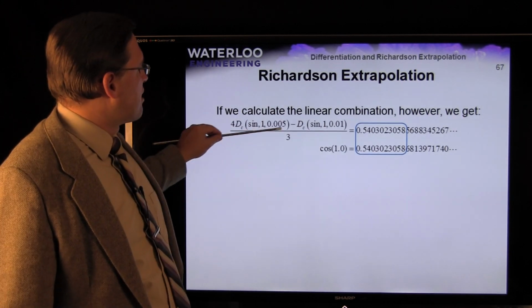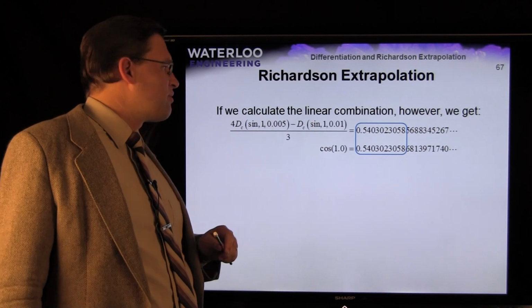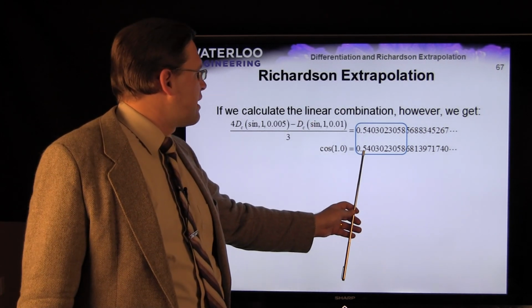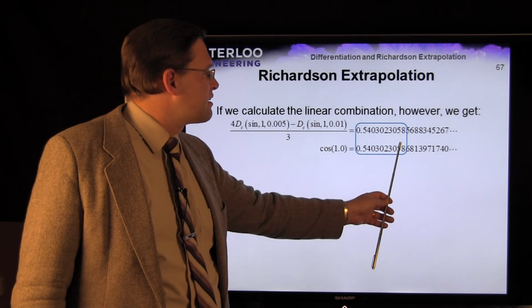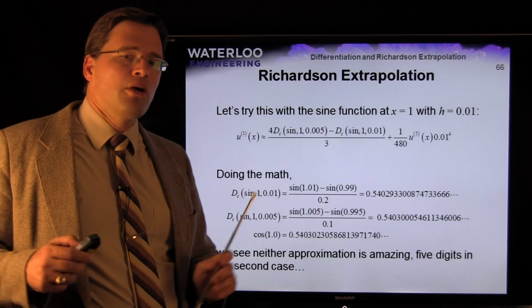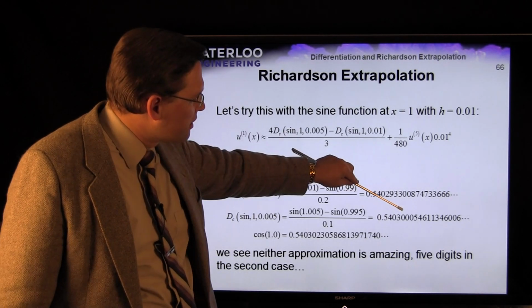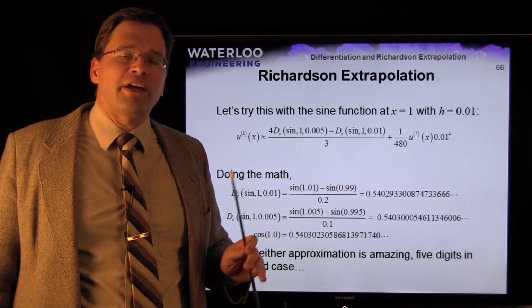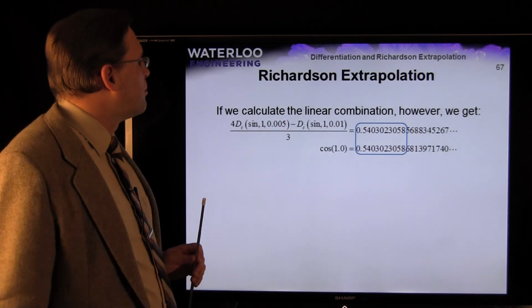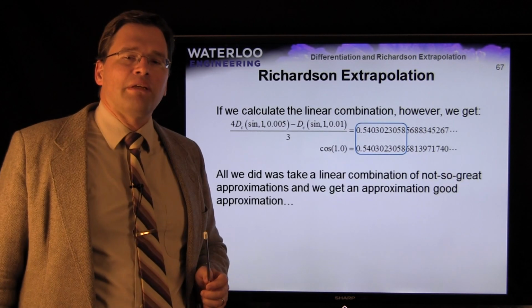However, if I take 4 times the better answer, subtract off the worse answer, divide by 3, notice that we now have 2, 4, 6, 8, 10. 10 digits of approximation. We took one answer that had 3 digits of approximation, one answer that had 5 digits of accuracy. We took a linear combination of them, and we got 10 digits of accuracy.